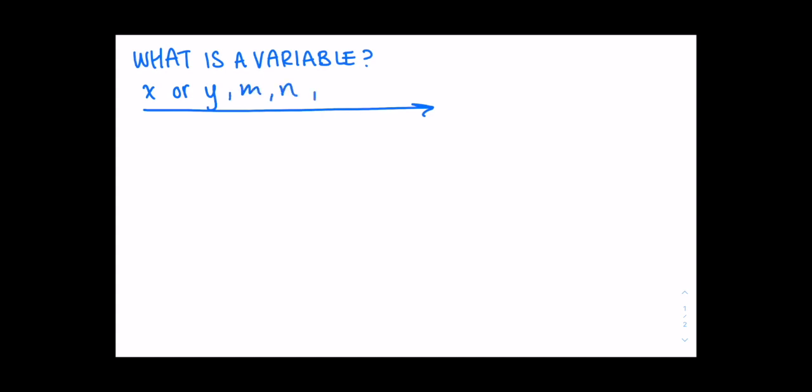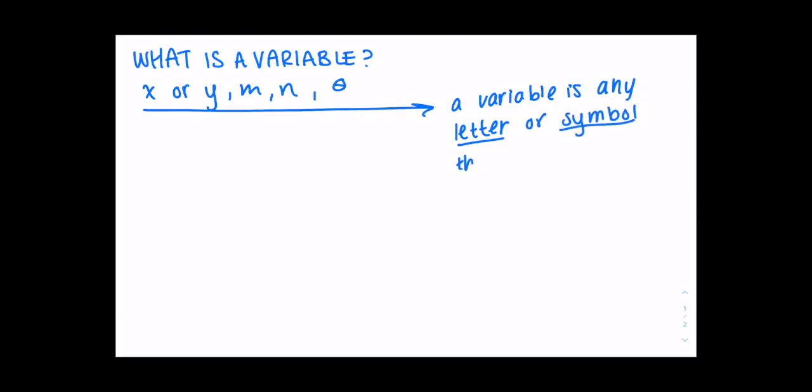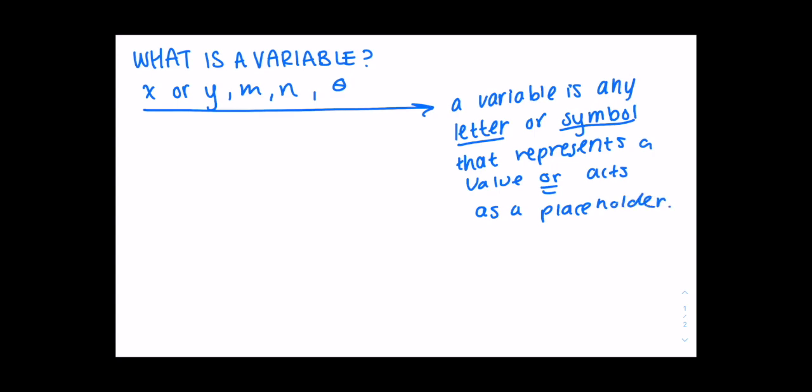So we have an alphabet, pi, etc. So the formal definition for a variable is any letter or symbol that represents a value or acts as a placeholder. So this is going to be the formal definition for our variable.